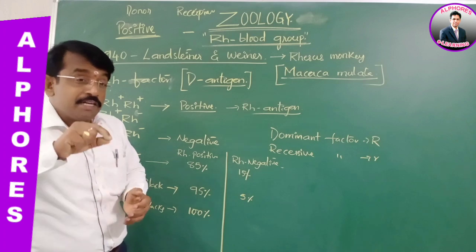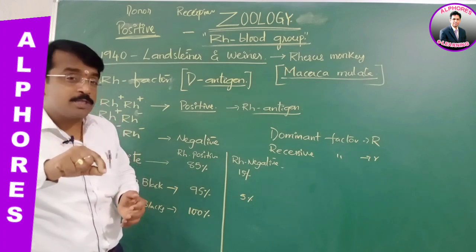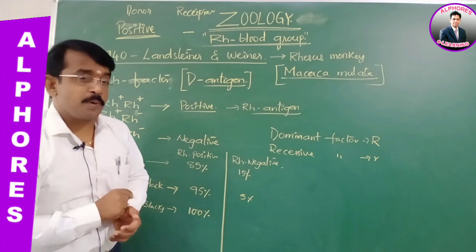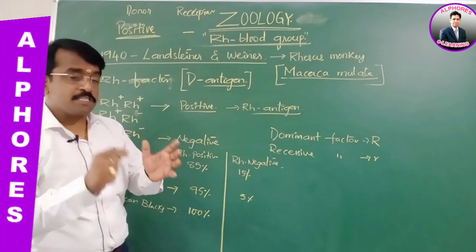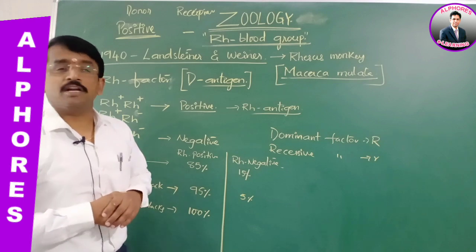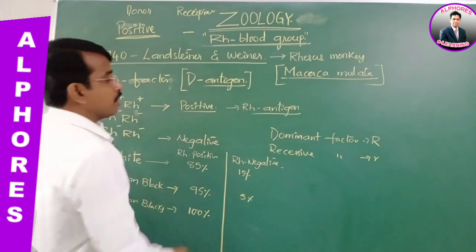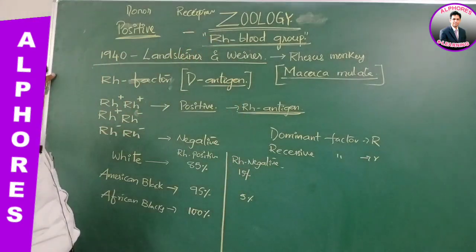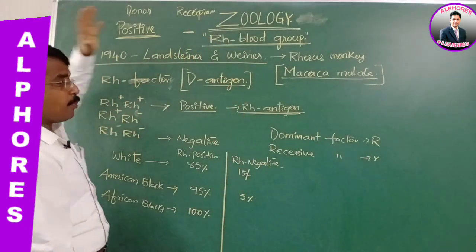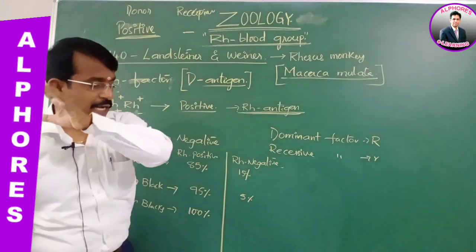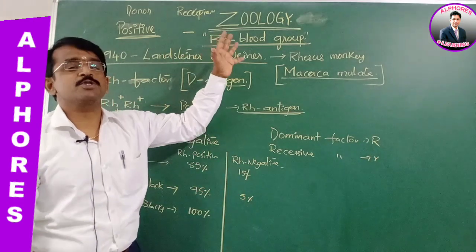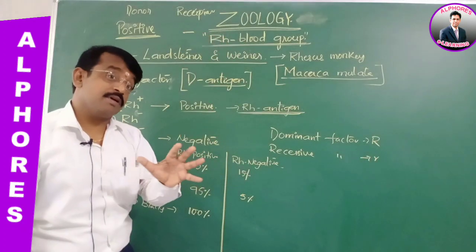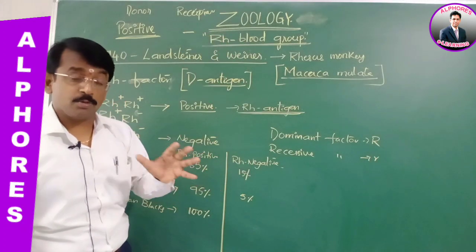Generally, if the recipient is negative, as we explained earlier, we have discussed that Rh antibodies do not exist in nature. The majority of the population are with Rh antigens. Whereas no population will have Rh antibodies naturally, as we have seen the A antigen and B antigen are naturally existing, and A antibody and B antibody also exist.